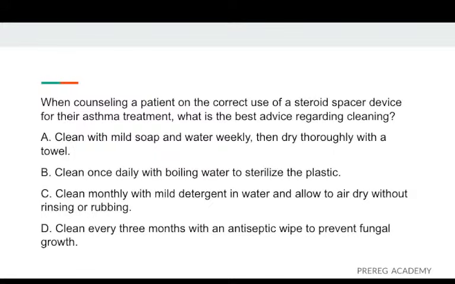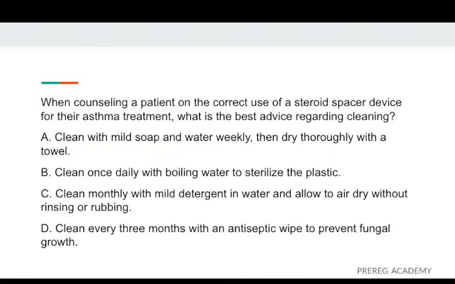In terms of care and management of spacer devices, they should be replaced every 6 to 12 months, and they should be cleaned monthly.